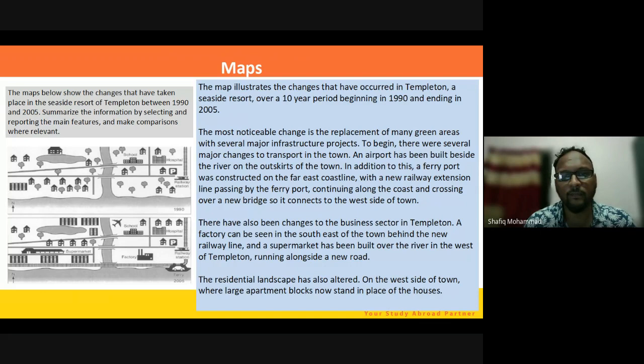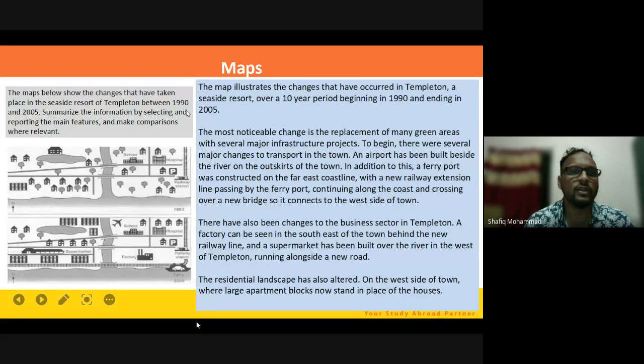Okay, so here is some of the illustrations given. I mean, the sample illustration is given. How the map illustrates the changes that have occurred in Templeton, a seaside resort, over the 10-year period beginning in 1990 and ending in 2005.